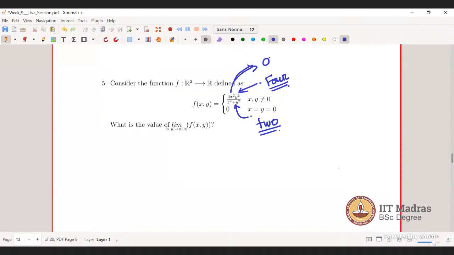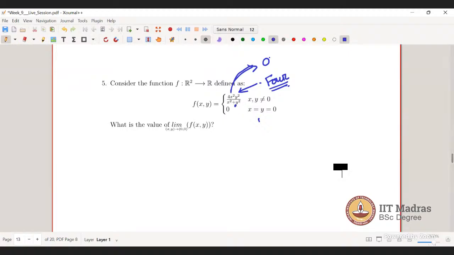That's why you can expect that when the degree of the above one is greater than the degree of the below one, then most likely the limit of the function at that point will be 0. At 0, it is 0.